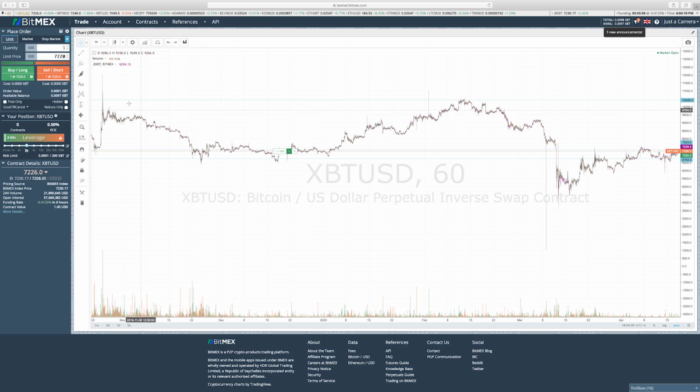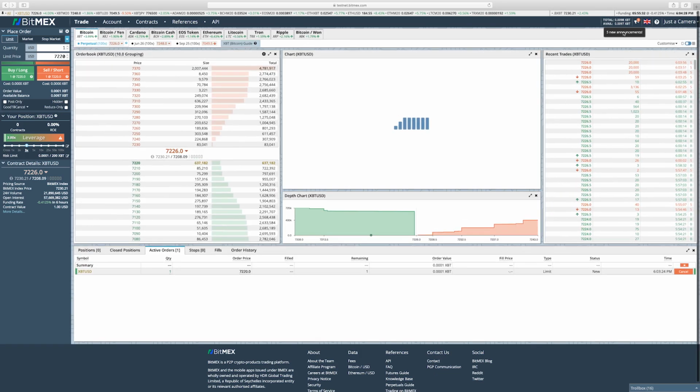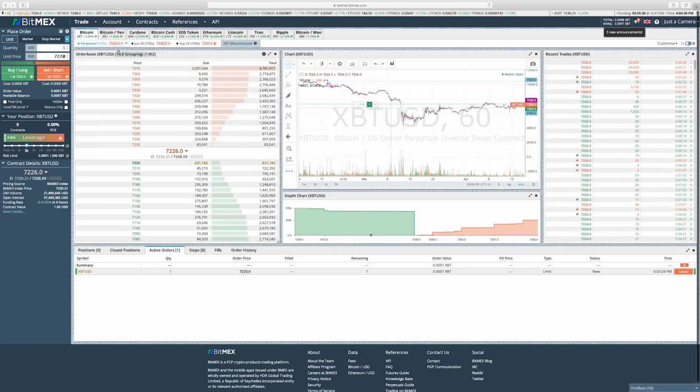So you can use this chart to mark out, just like we do in our other analysis videos, where your SSR zones or your DBS zones are and where you're going to put your stop loss. And as you implement the orders and execute them, they're going to populate on this chart. So let's pop this back out and let's jump back over to our place order tab.